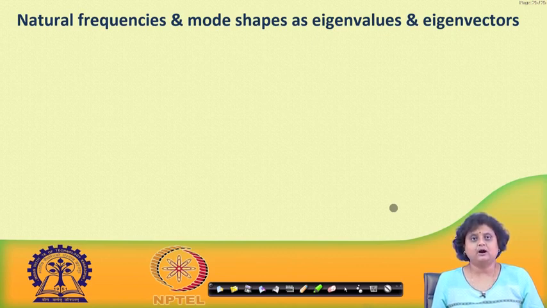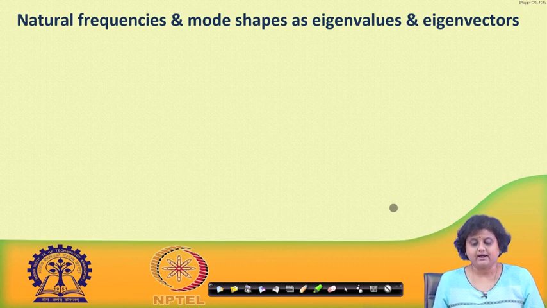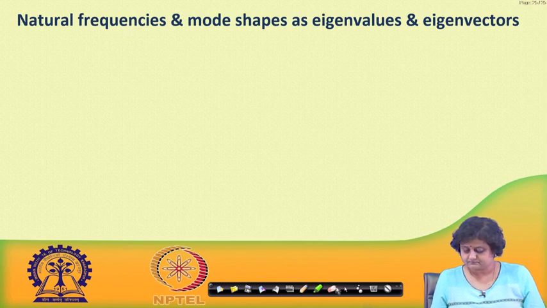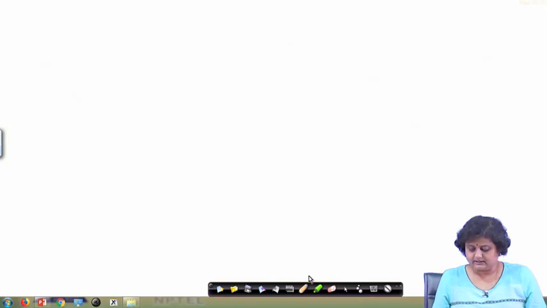We know the orthogonality conditions of the mode shapes, we know how to mass normalize the mode shapes, and what the expression of orthogonality would be when we have mass normalized mode shapes. Now, let us see whether we can derive the natural frequency and mode shape as an eigenvalue problem and obtain them numerically.